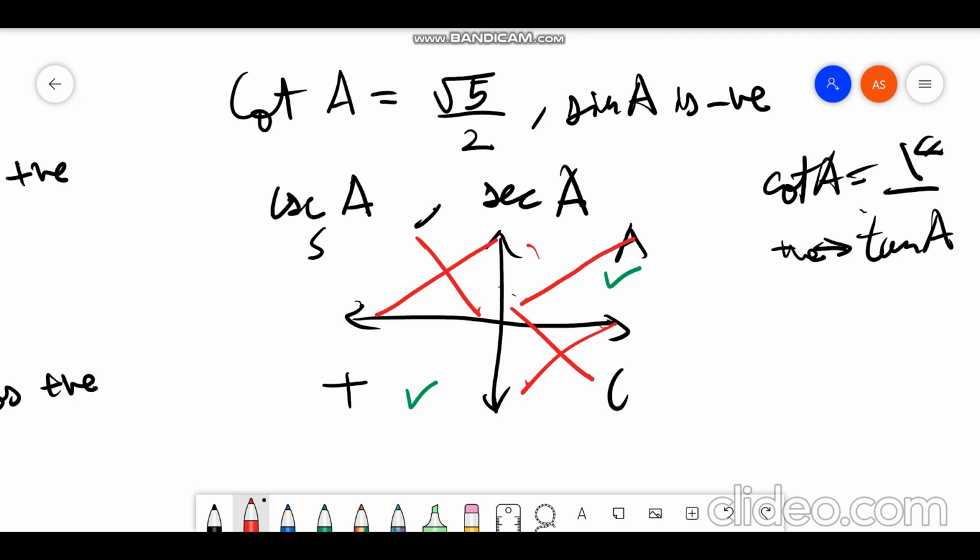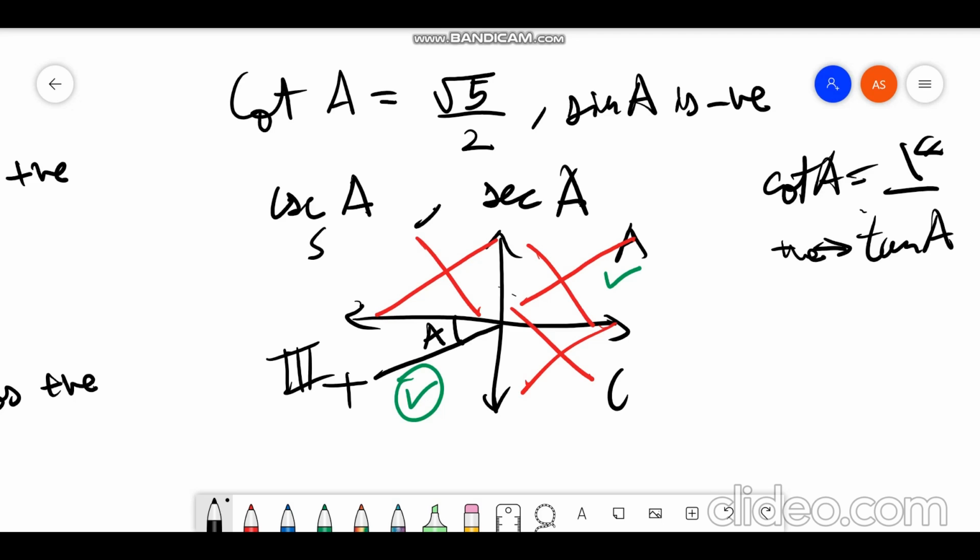It cannot be this, and this is already struck out, and here also is negative, so it can be negative here, but we already crossed it out over here due to the cot A. So the only place where the angle can be is here. Let's say that this is angle A. So it's in quadrant 3.